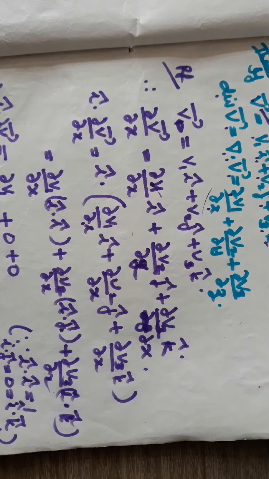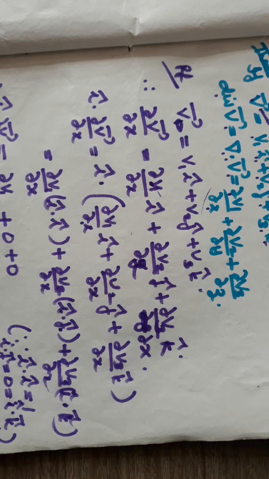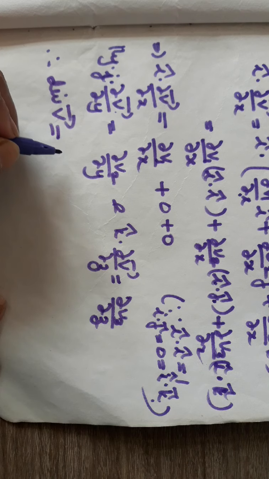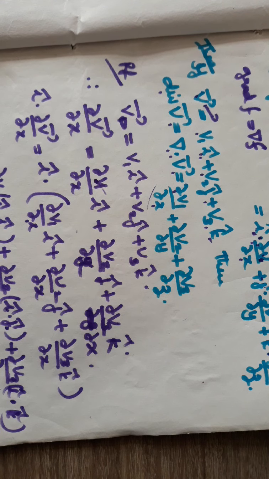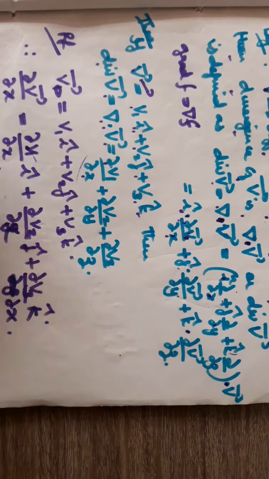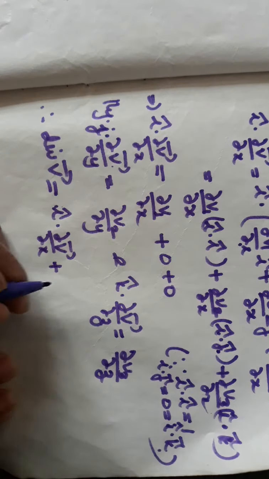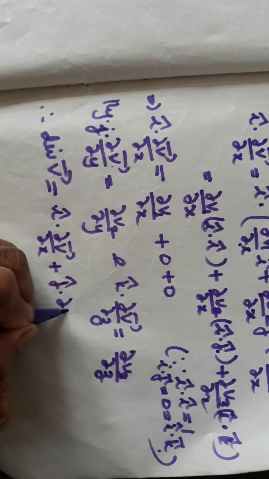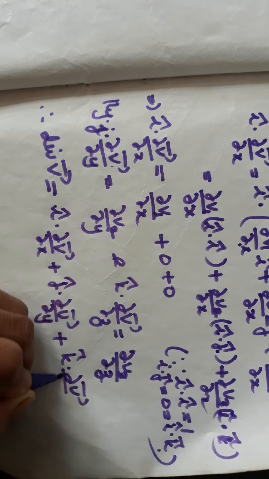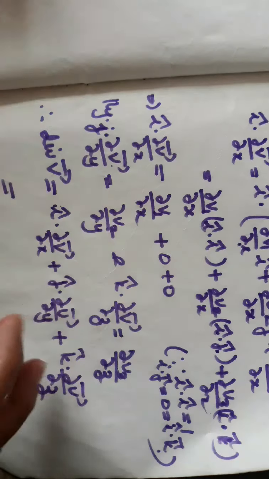So therefore the divergence of v bar, what is the divergence of v bar? As you can see in the definition, it is i dot del v bar/del x plus j dot del v bar/del y plus k dot del v bar/del z. But what is i dot del v bar/del x from here?